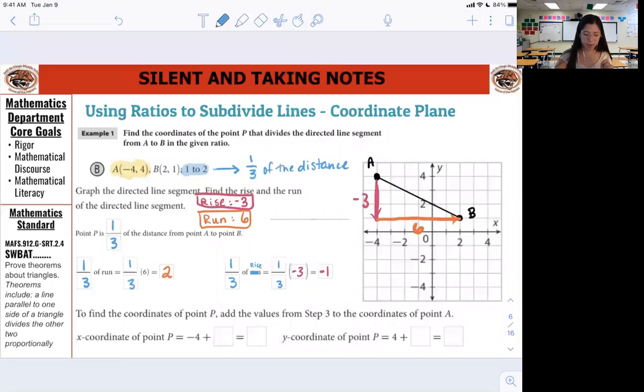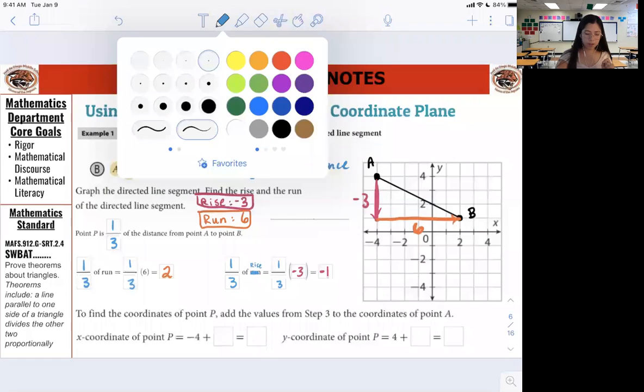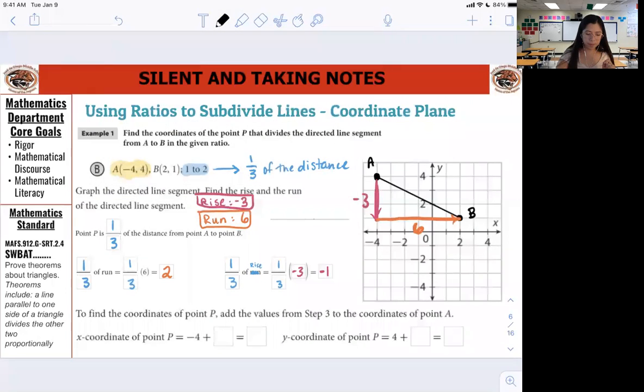We have the x value and the y value. When you do rise over run, which of those is the y values? Is it the rise or is it the run?